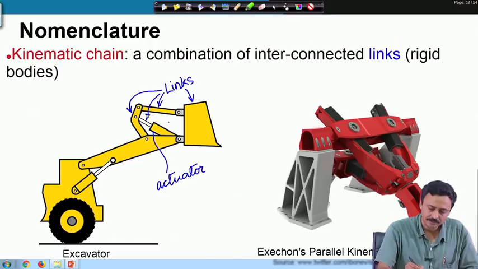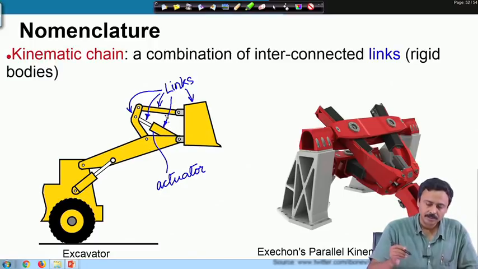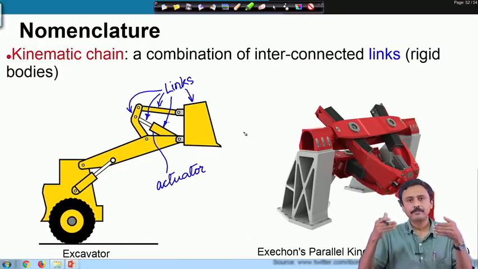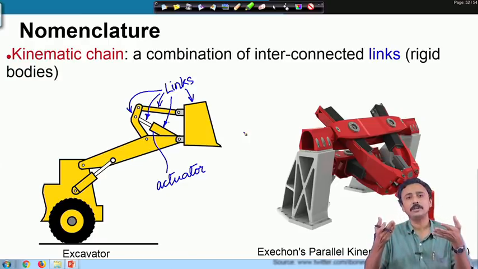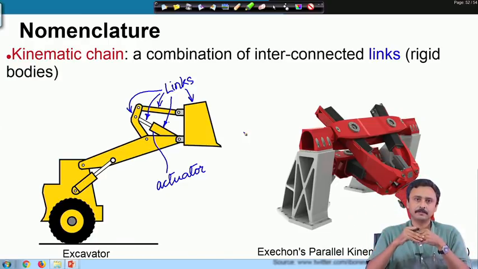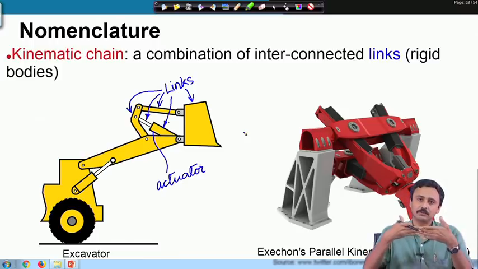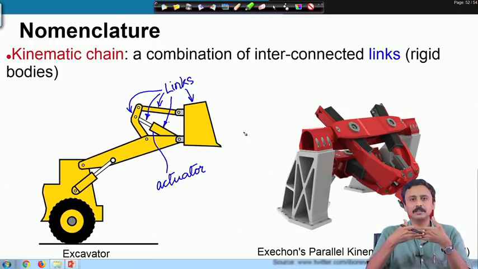Here is one link and here is the other link, and these two links can slide into one another, and because this is powered, it is called an actuator. So, this is a connection between two links which can slide against one another.